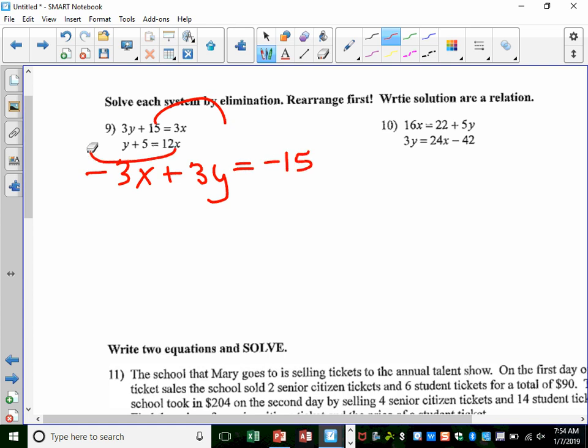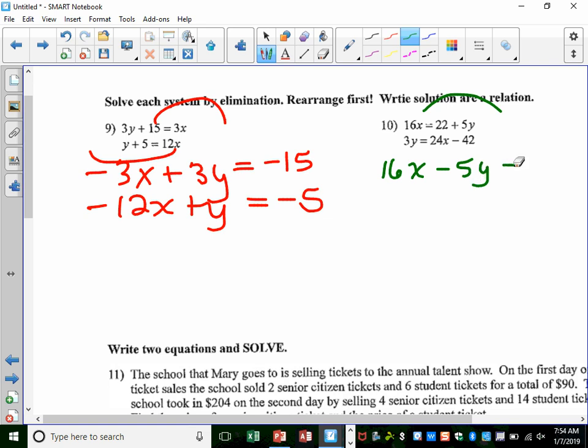So again, move this over, so that's a negative 12x plus y equals negative 5. So you just use the opposite sign to get it to the other side. So here, move that over, that'll be 16x minus 5y, and negative 24x plus 3y. Okay, so at least now it'll be in the right order.